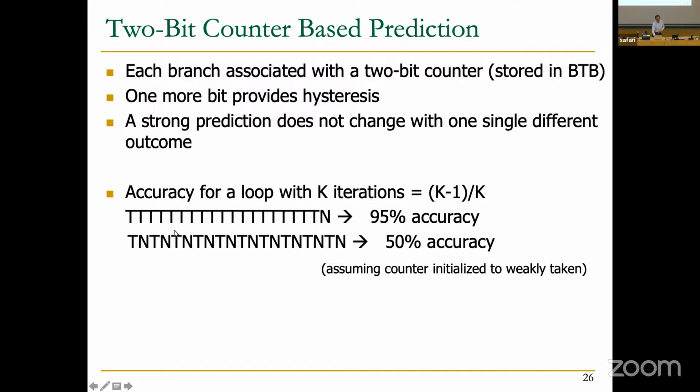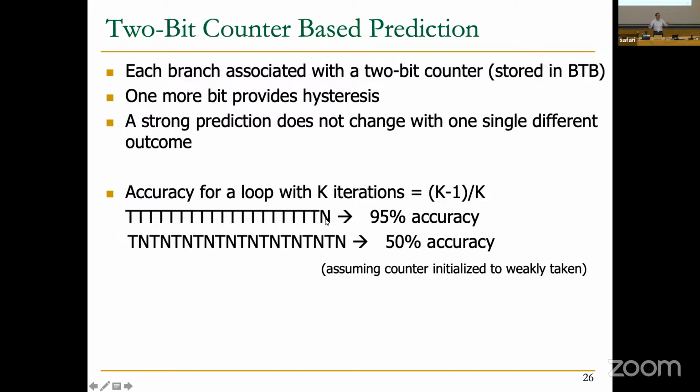These are the same 2 branches. Actually, before we take a look, now your accuracy for a loop with k iterations is k minus 1 divided by k. You don't change your mind on one opposing outcome, you change your mind on 2 opposing outcomes. So instead of mispredicting this branch twice, you mispredict it only once, right? Meaning, whenever you're exiting the loop, in this case, it's a slightly different branch, 19 times it's taken, 1 time it's not taken.